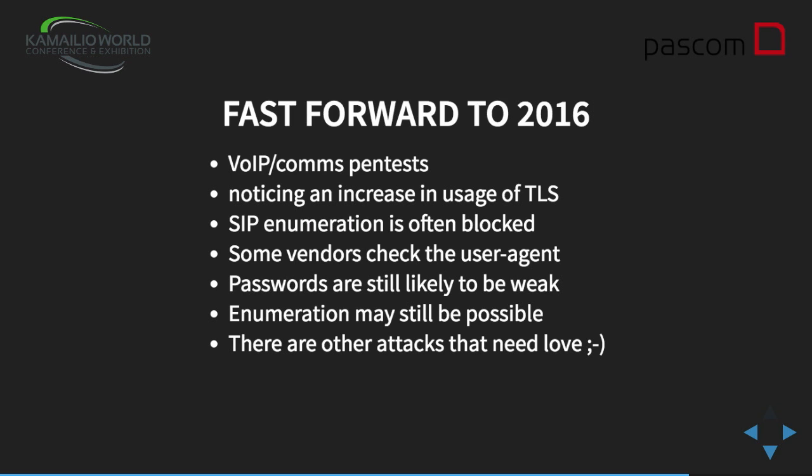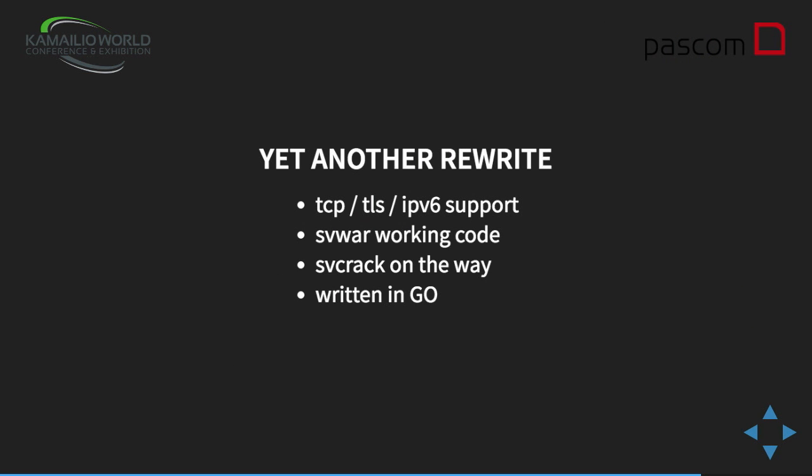Some agents check the headers, for example Avaya checks if the user agent has Avaya, and they will block your tools if they don't do things correctly from their point of view. Plus, I don't think these 3 tools cover all the attacks. So there's a lot of stuff that can be done.